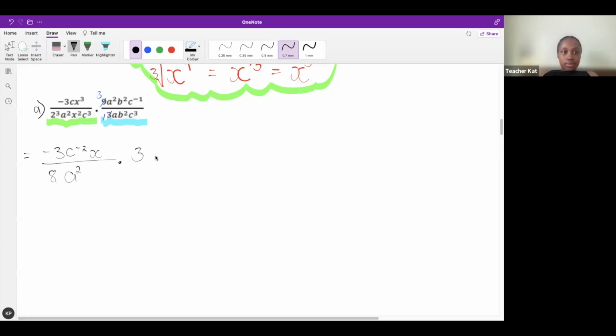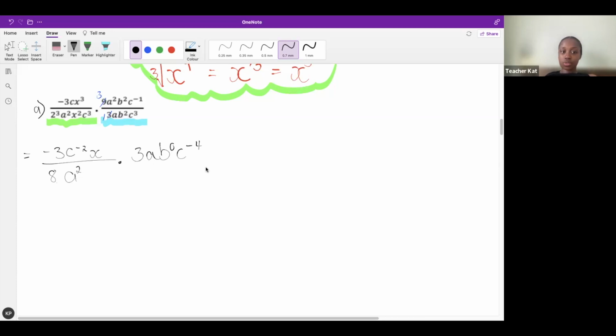B to the power of 2 minus 2, which is a 0. So I'm going to write it for now. We'll simplify it in the next step. And c to the power of -1 minus 3, so it is -4. And this will all just be over 1.